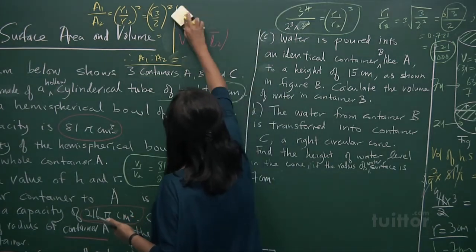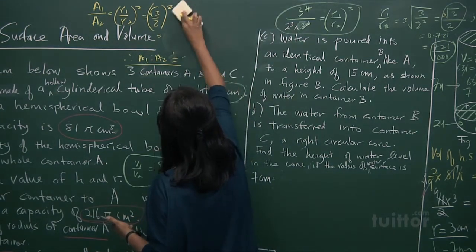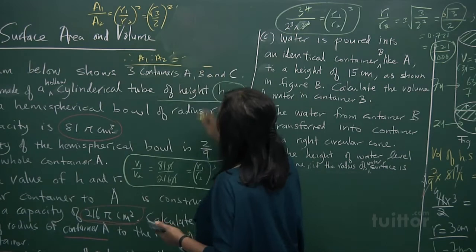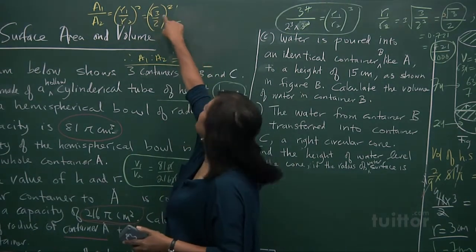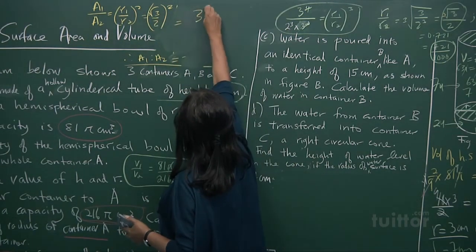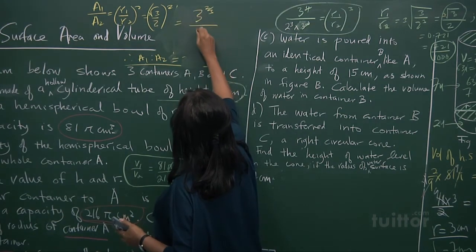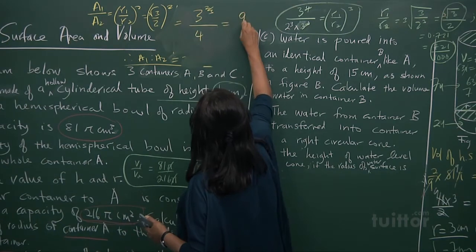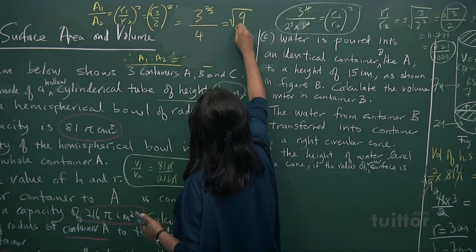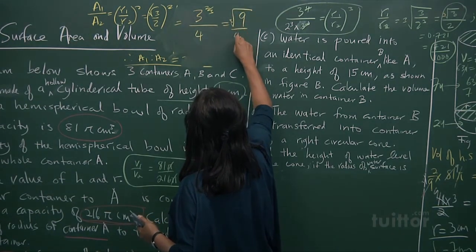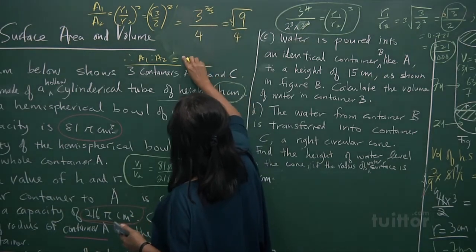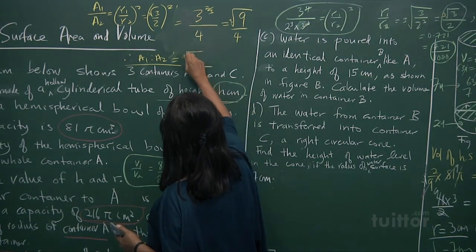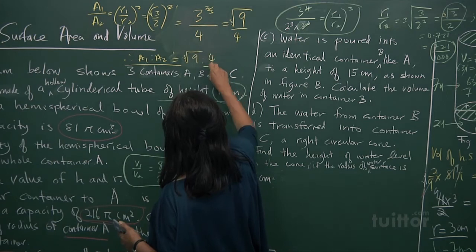So what will that be? Cube root of 3. When you square it, you get 3 to the power of 2/3, and this is 4. Now 3 squared is 9, so it is cube root of 9 over 4. So the ratio of A1 to A2 is cube root of 9 is to 4.